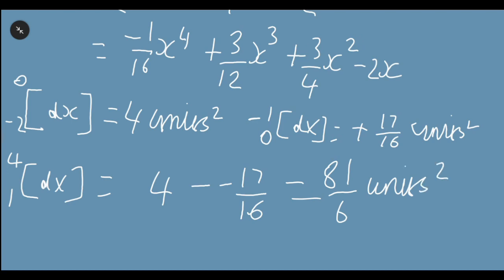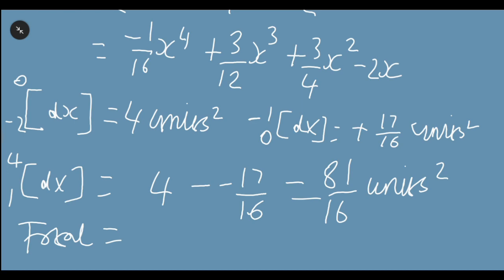And when we do the total of all of these, we simply add up all 3 areas that we've worked out. So it would be 81 over 16 plus 17 over 16 plus 4.